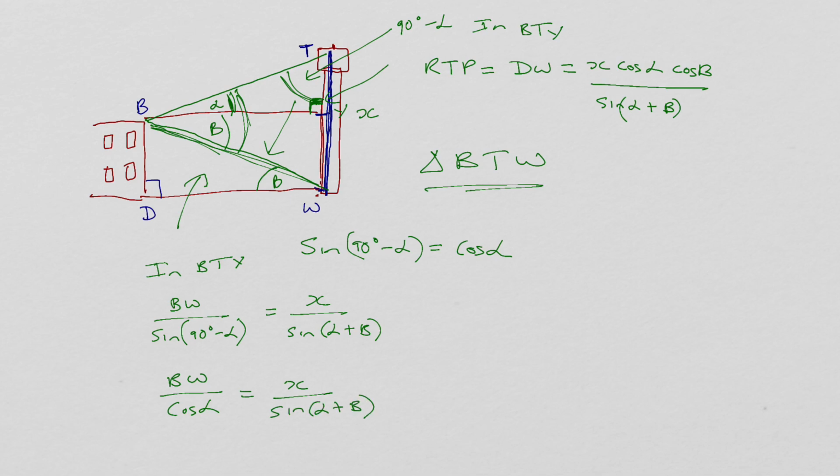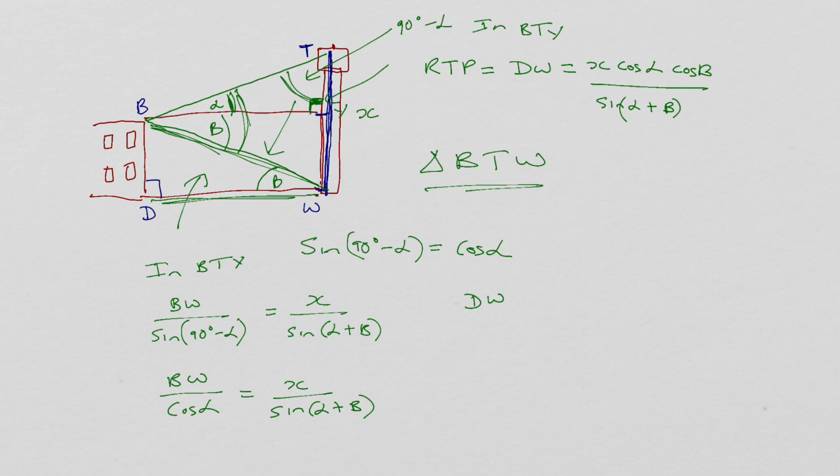Now we want DW, so I'm going to just write all of that out. So DW is in this right angle triangle here. And you could use the sine rule, which is what they have used in the memo, or we could just use trigonometry. So we've got BW, which is the hypotenuse.